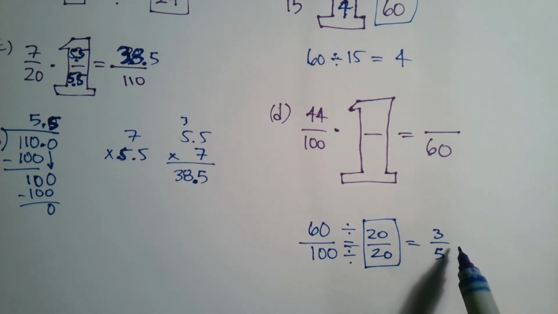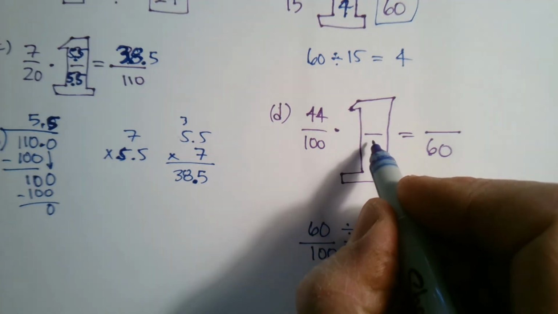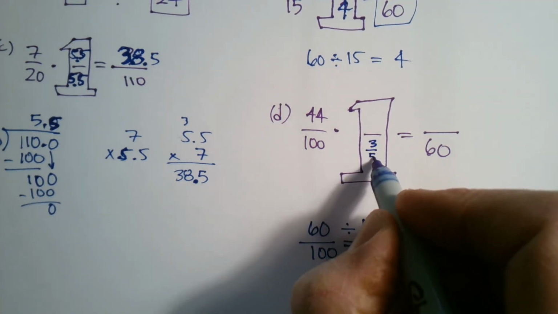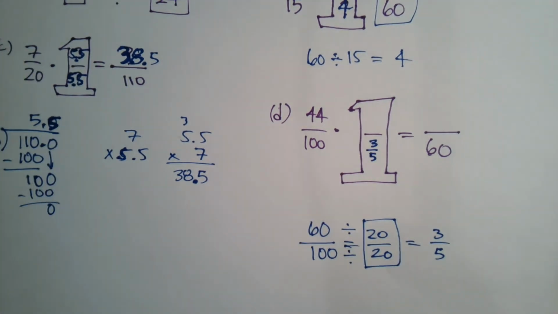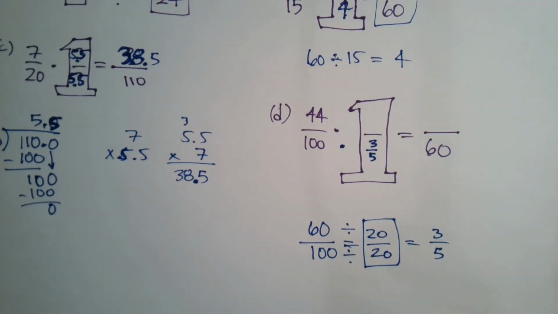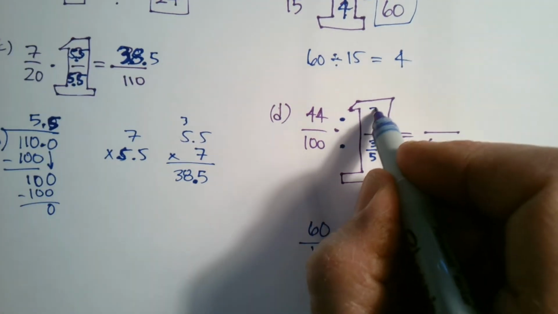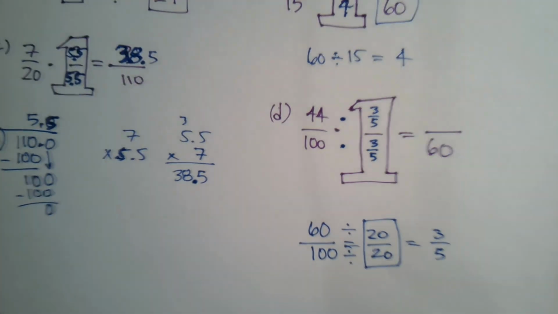So now I have 60 over 100 is actually 3/5. So my denominator here as a fraction would be 3/5. So it's 100 times 3/5 gave me 60. I've got to do the same thing up here. I've got to multiply as well by 3/5.